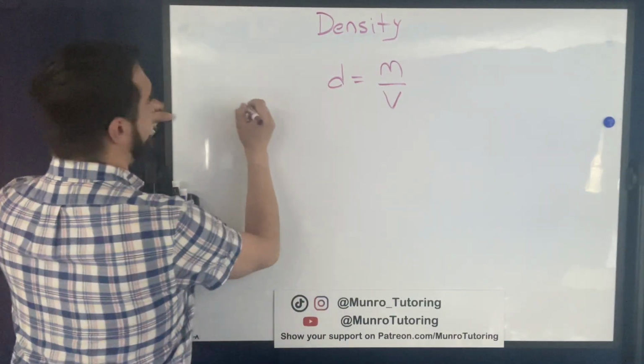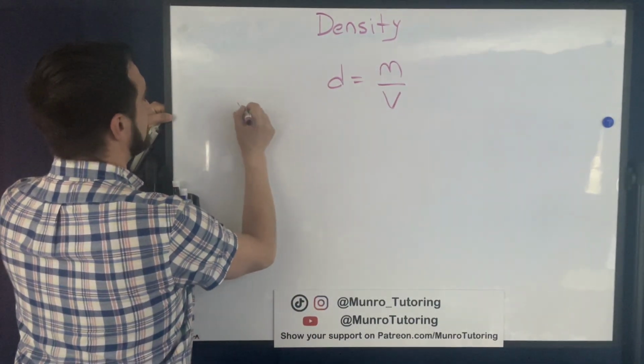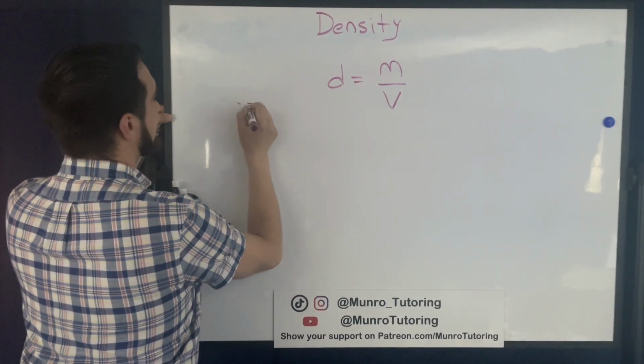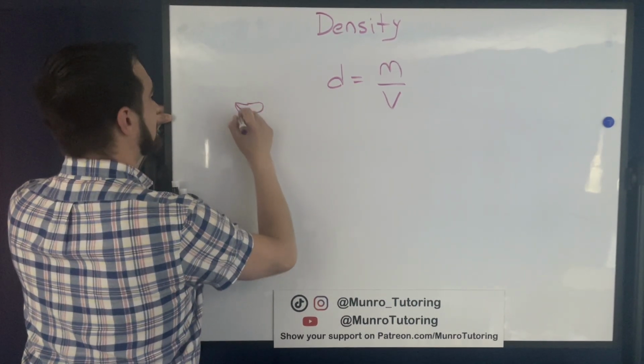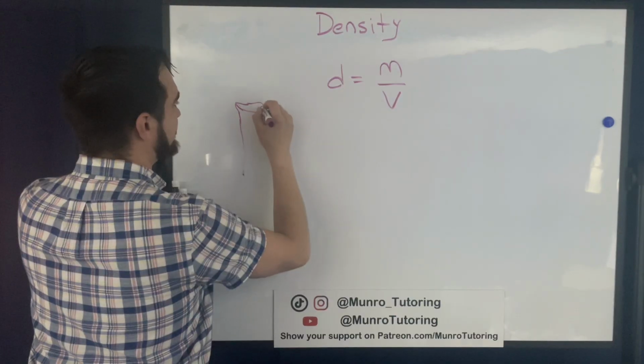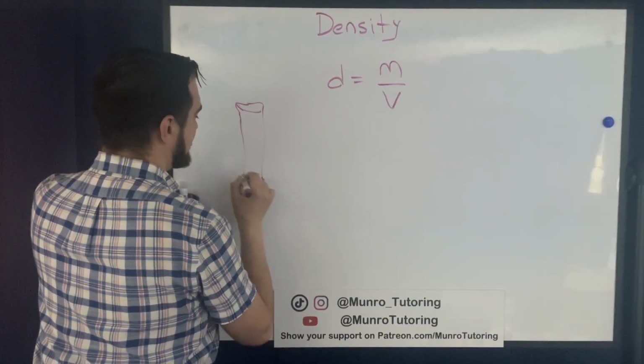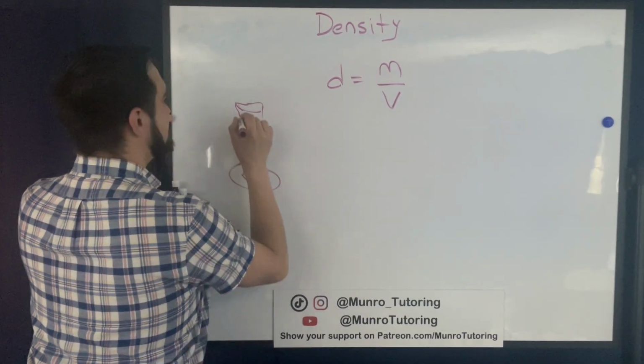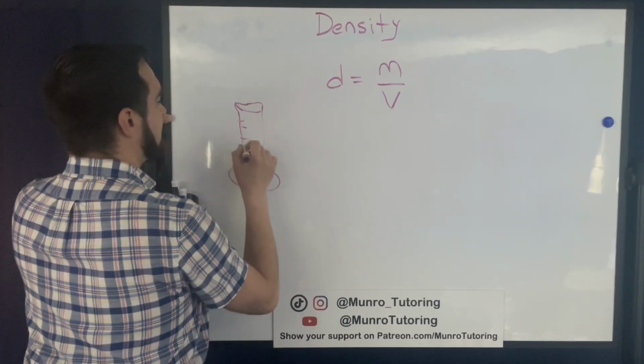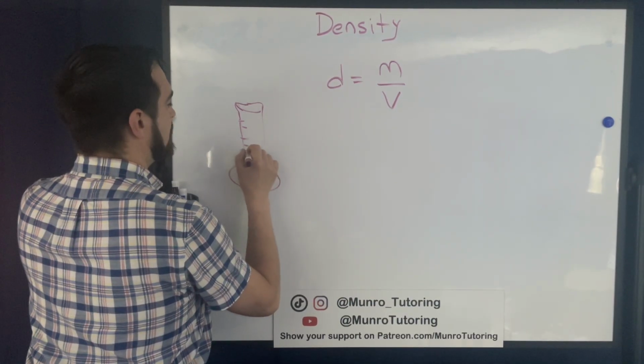So I'm going to just draw a little image here for us. I wish this marker was not quite as dry as it seems to be right now, but whatever. So we have a graduated cylinder, and there's some volume of water in it.